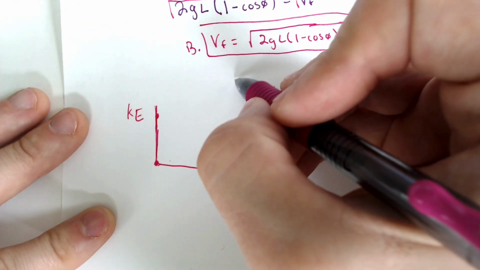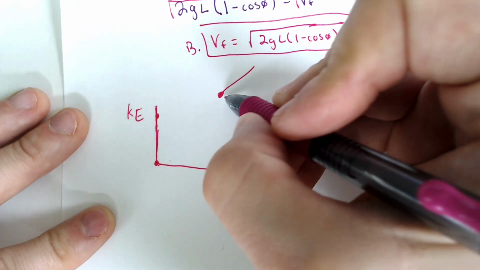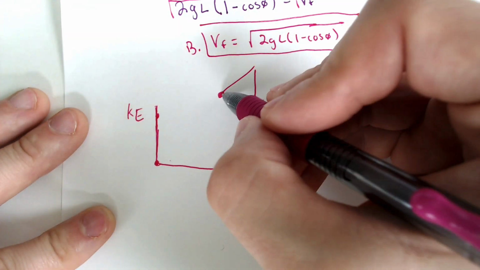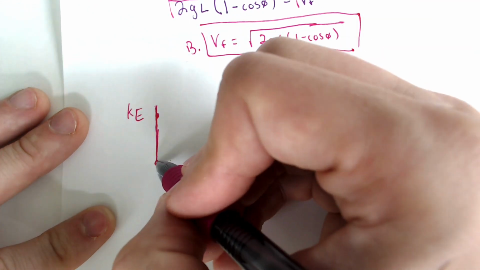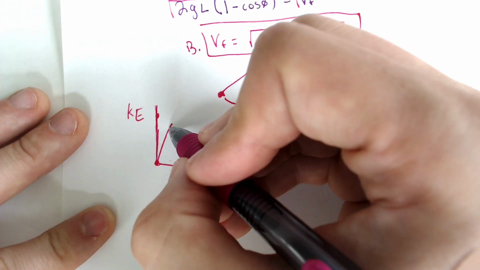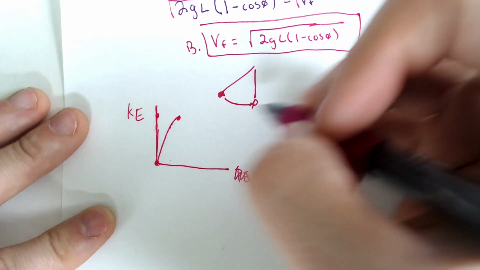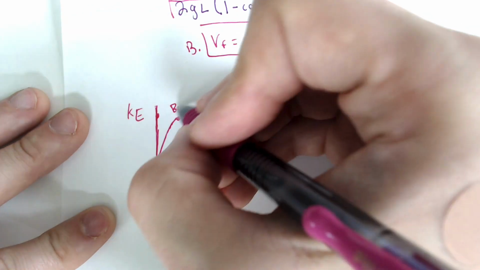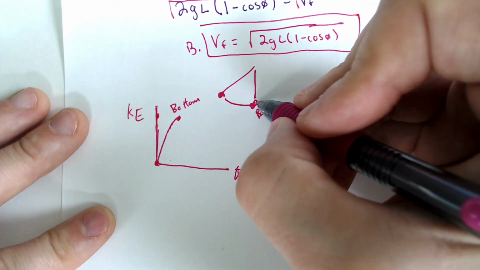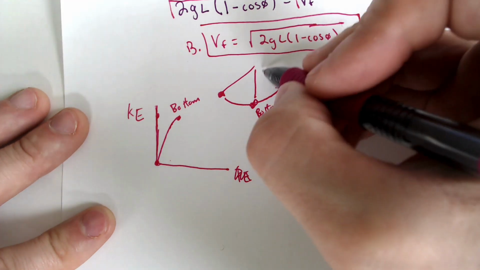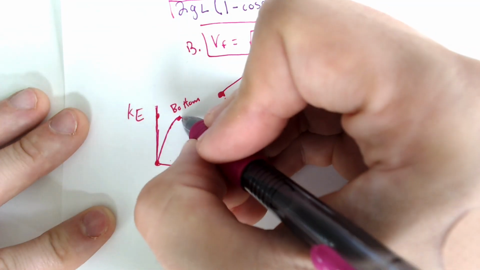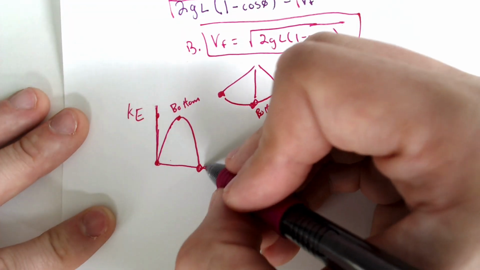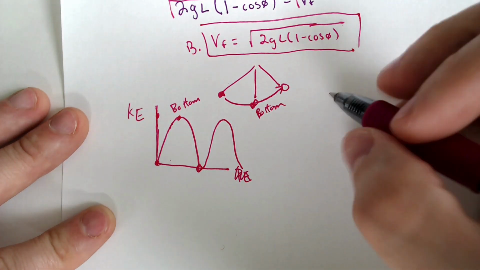As it moves from here to here, the energy is being converted from potential to kinetic, so kinetic goes up as you get to the bottom. At the bottom, that would be when kinetic energy is at its highest. Then as it goes back up to this portion, it would convert back into potential energy and kinetic would go back to 0. This process is going to repeat over and over again.